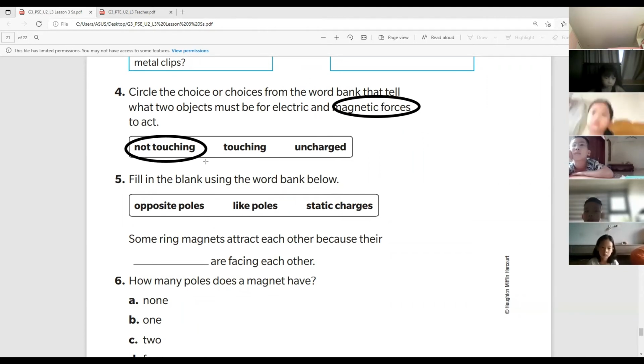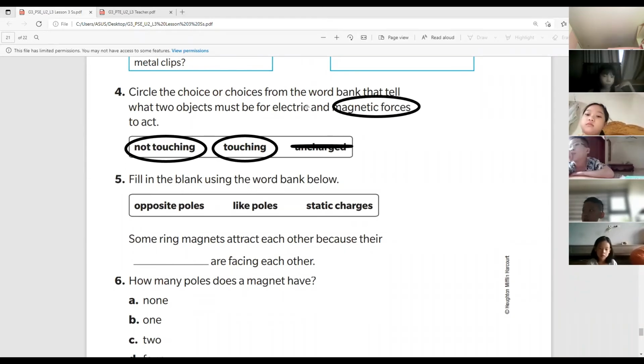Okay, and then can they act with you while touching? Can a magnetic force act on you while touching? Yes. And uncharged, they can't act on you if they're uncharged, so I'm just gonna put an X over here. So guys, these are the answers.